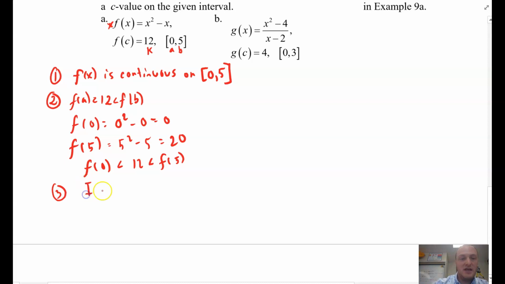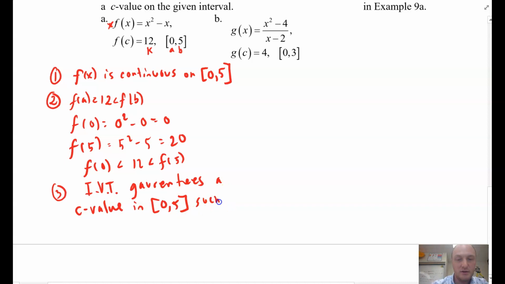We can say that the intermediate value theorem guarantees a c value in 0 to 5 such that f of c is equal to 12. And there you have it. That's what we wanted to determine.